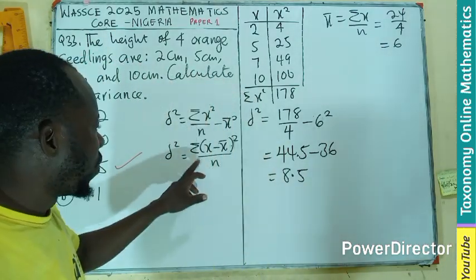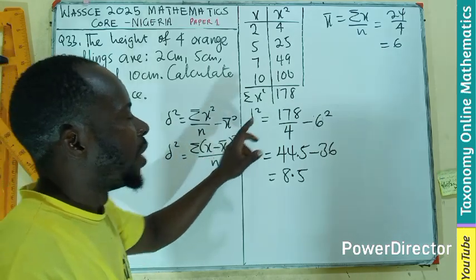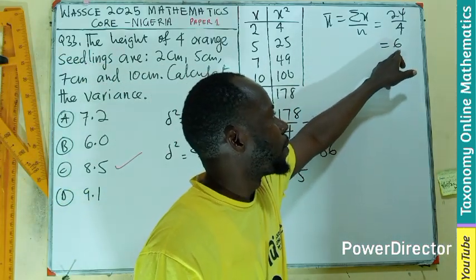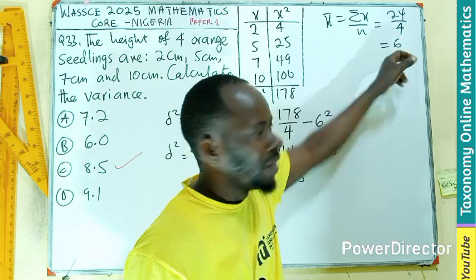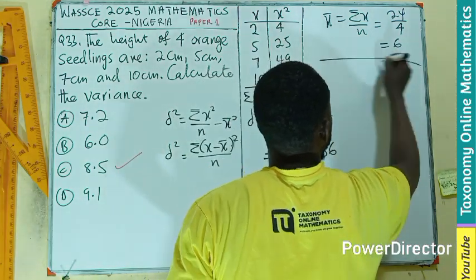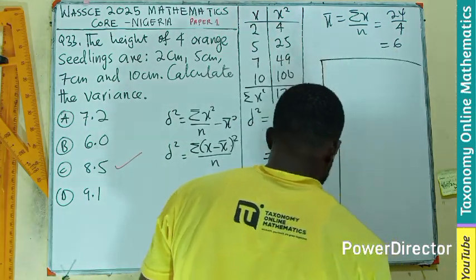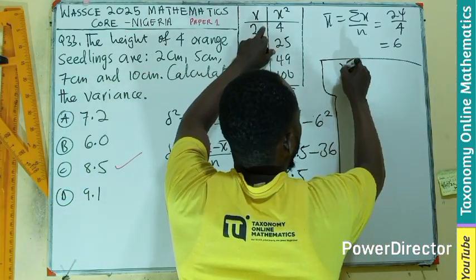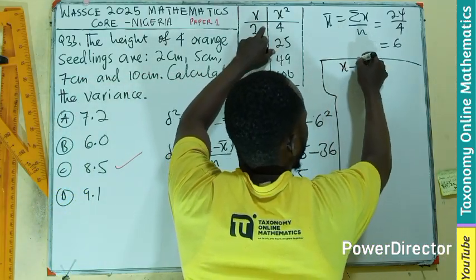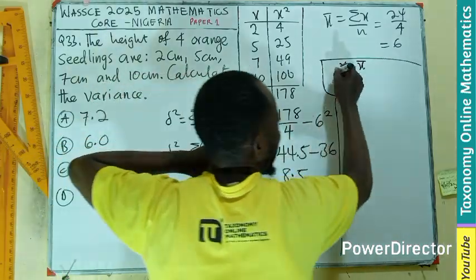Now, we can also make use of the second formula after we know the mean. If the mean is known, I have the x already, so I go for x minus x bar. That is the first column I will need.